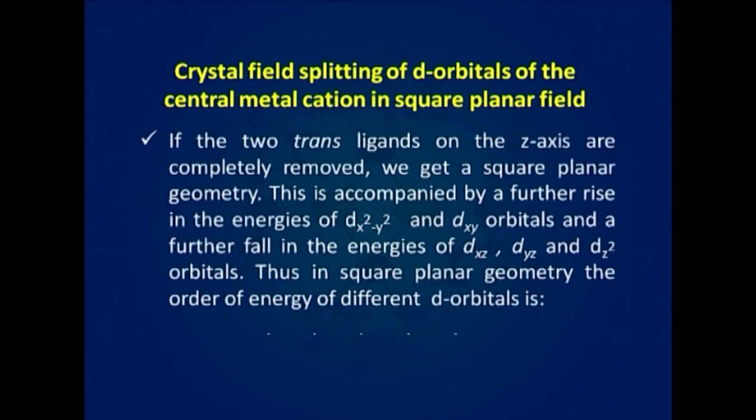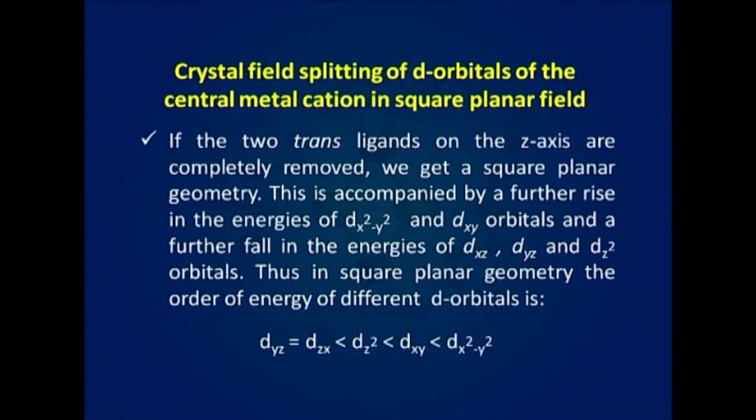Now we are going to discuss the crystal field splitting of d orbitals of the central metal cation in a square planar field. If the two trans ligands on the z axis are completely removed, we get a square planar geometry. This is accompanied by a further rise in the energies of dx square minus y square and dxy orbitals, and a further fall in the energies of dxz, dyz and dz square orbitals.